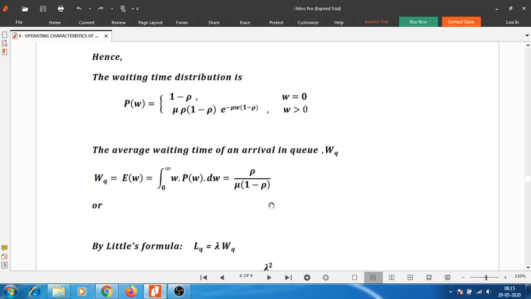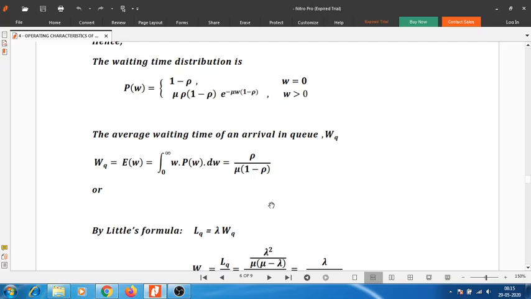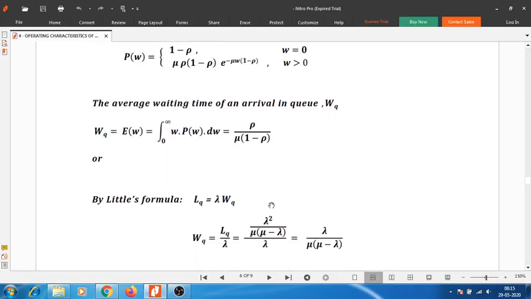Otherwise, if you feel that integration is inconvenient, there is a formula proposed by a famous statistician, Little's formula. Little's formula represents the relationship between the expected number of customers in the queue and the waiting time of the queue: LQ is equal to lambda into WQ.